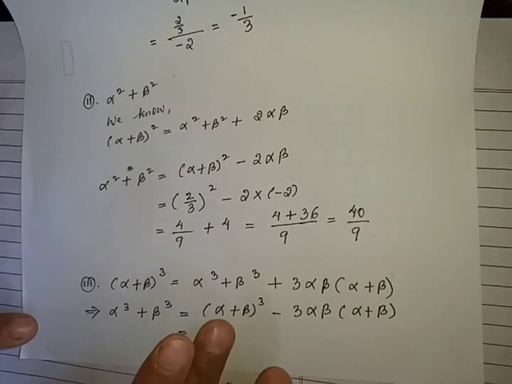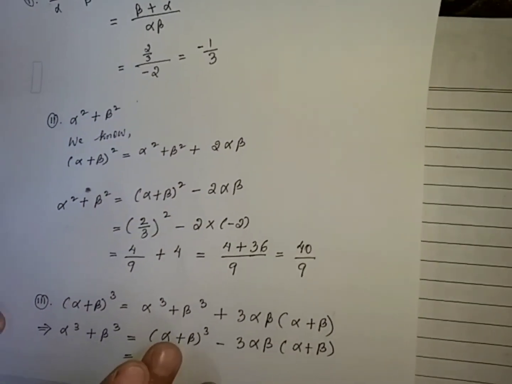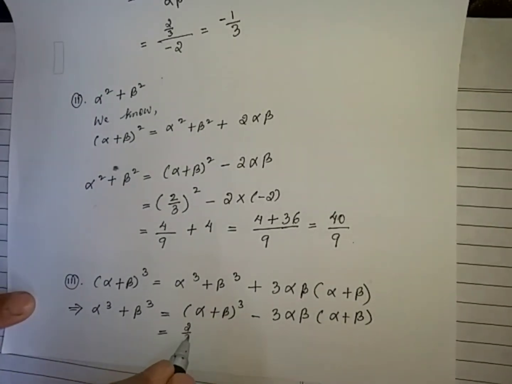We'll substitute alpha plus beta is 2 by 3.